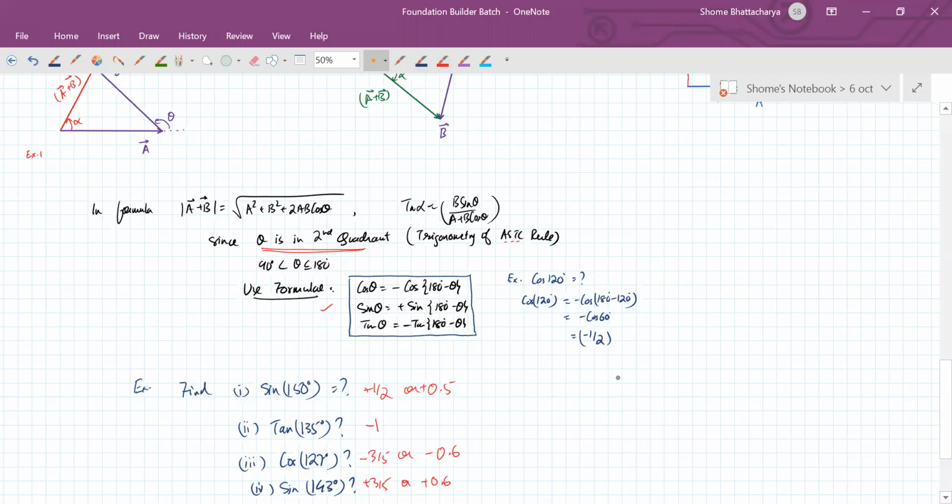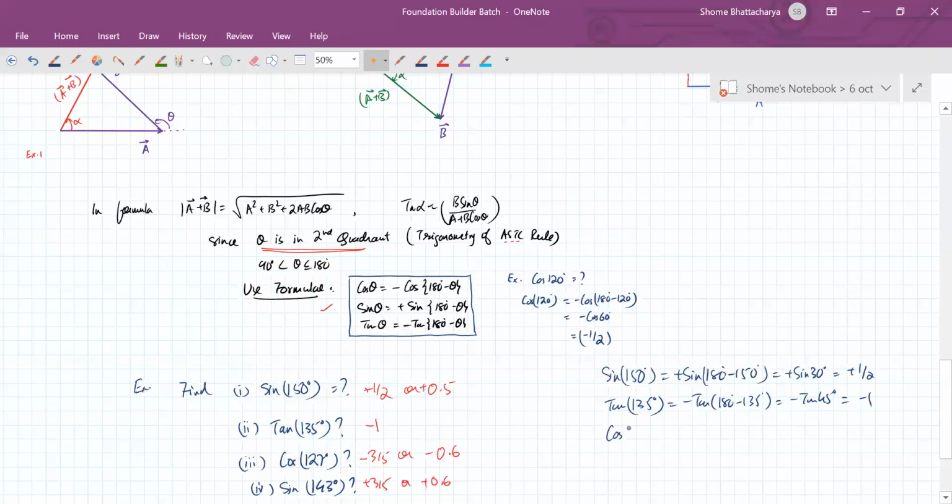It's very simple. You just apply this formula. Sine 150 will be positive of sine of 180 minus 150, so that's plus half. Similarly, tan 135 will become negative of tan of 180 minus 135, so that's minus tan 45, which is minus 1.